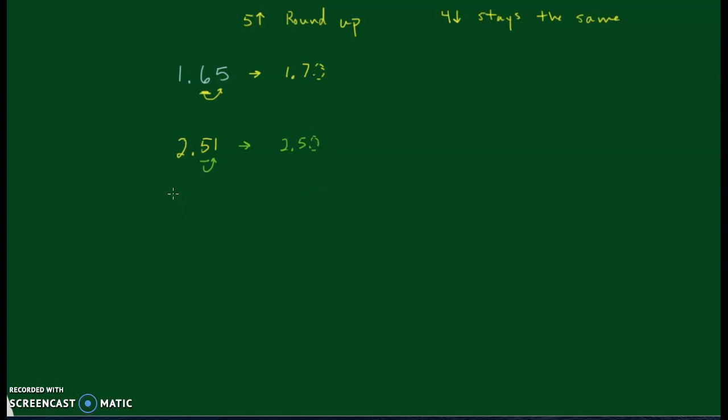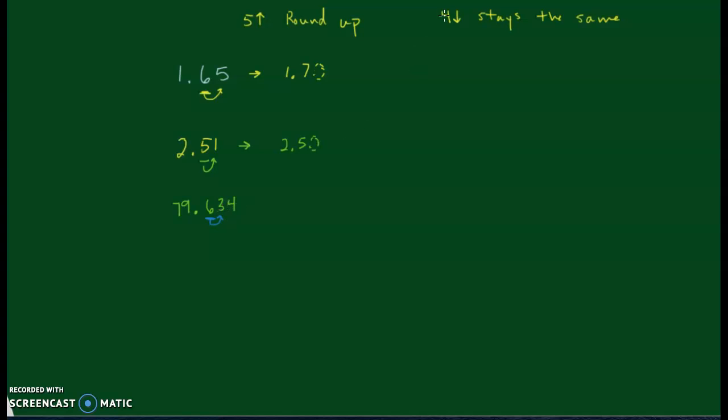A third example, 79 and 634 thousandths. For rounding it to the nearest tenth again, we're going to look here to the tenths place. Then we look at 1 digit to the right.